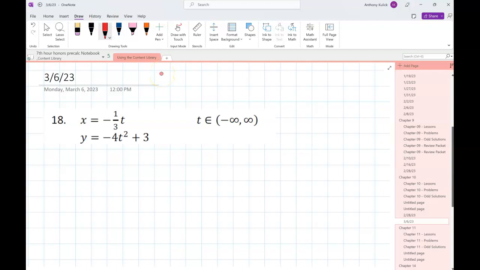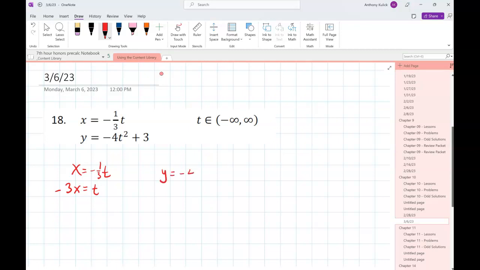The directions here say to eliminate the parameter and then find the domain and range. So let's eliminate the parameter first. I'm going to take the equation for x and make that equal to t. So I'll multiply both sides by -3 to get that -3x is equal to t.